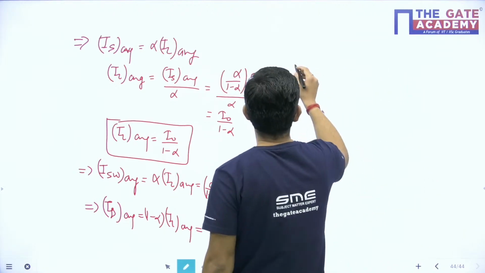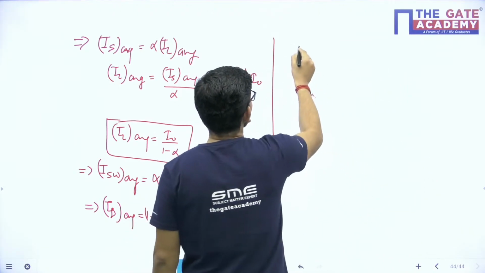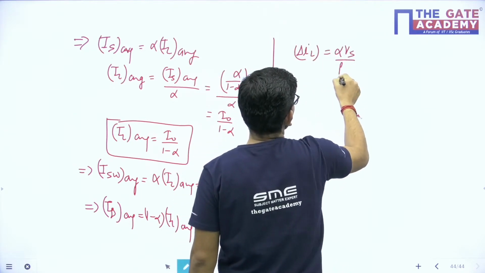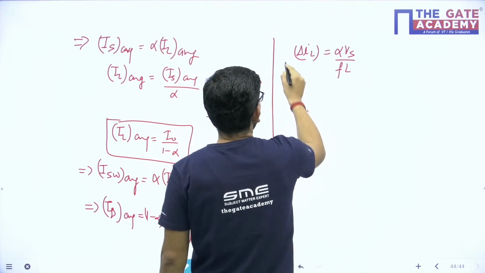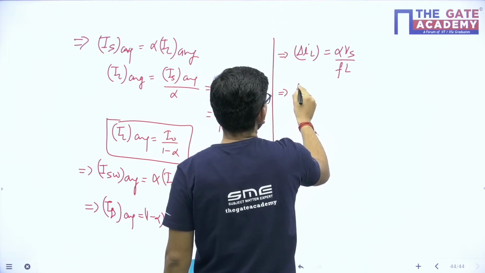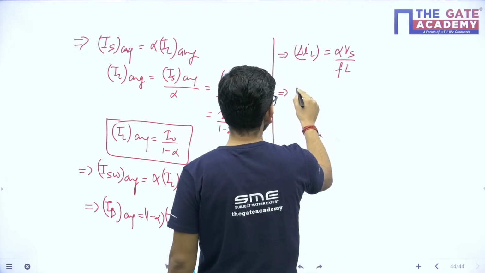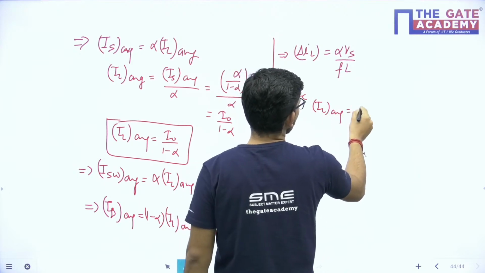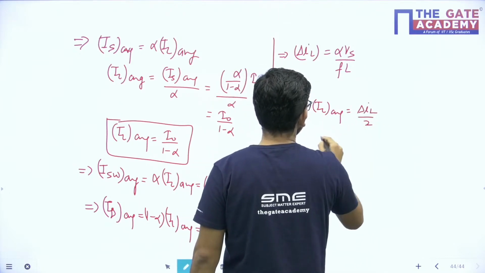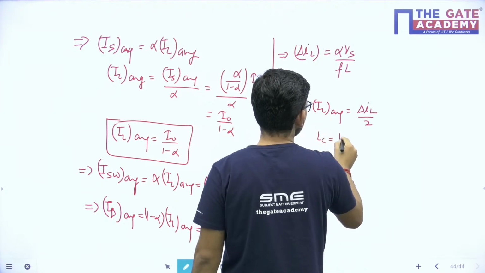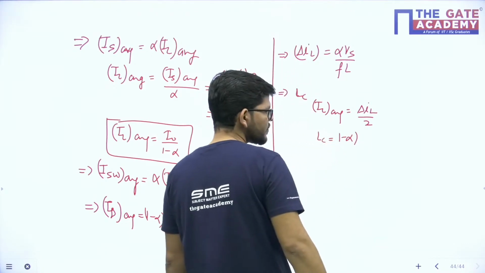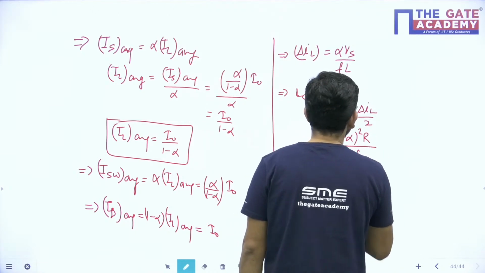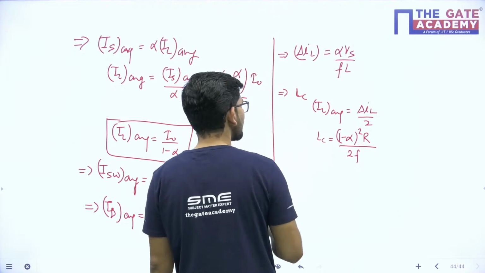Now, critical inductance. Before that, what will be the peak to peak ripple current? This is again alpha Vs upon FL. After that, what will be my critical inductance? In order to calculate critical inductance, I will equate IL average to del IL by 2, and from there I will get LC, which is equal to 1 minus alpha square R upon 2F.